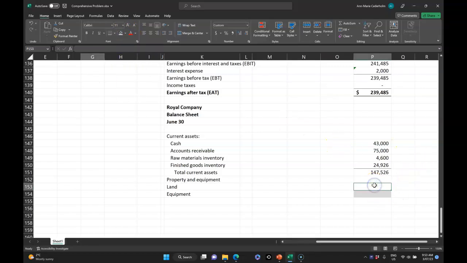So they told me that my land was 50,000. Let's just put in a number for now. Let's just put $100 in just so I can do the formulas in here. So I'll say total property and equipment is 50,100 because I just put that fake number in right there.